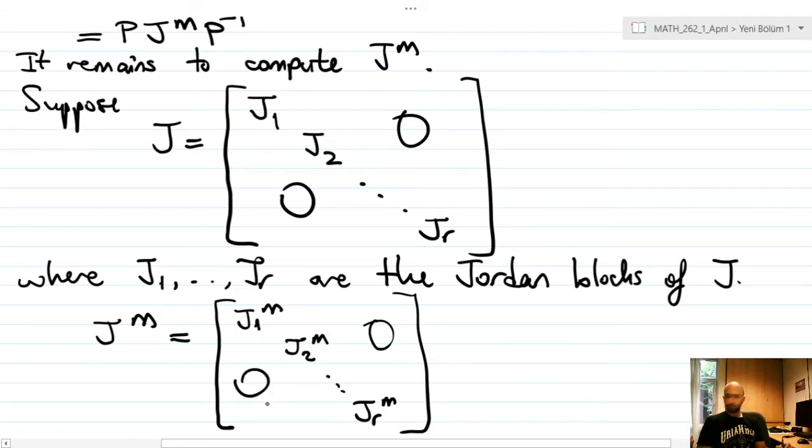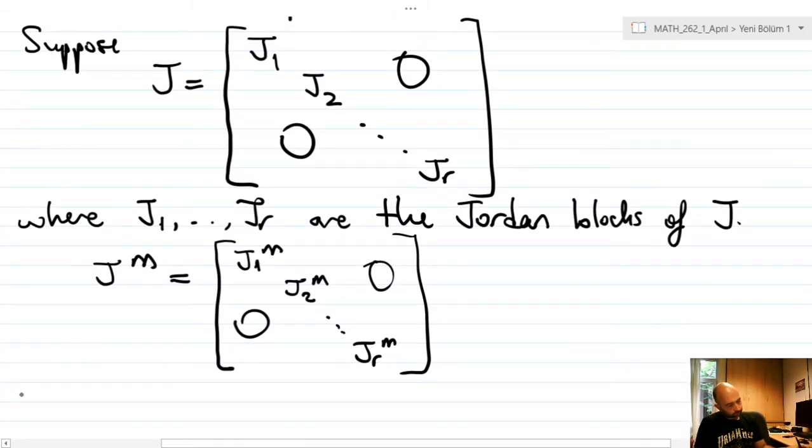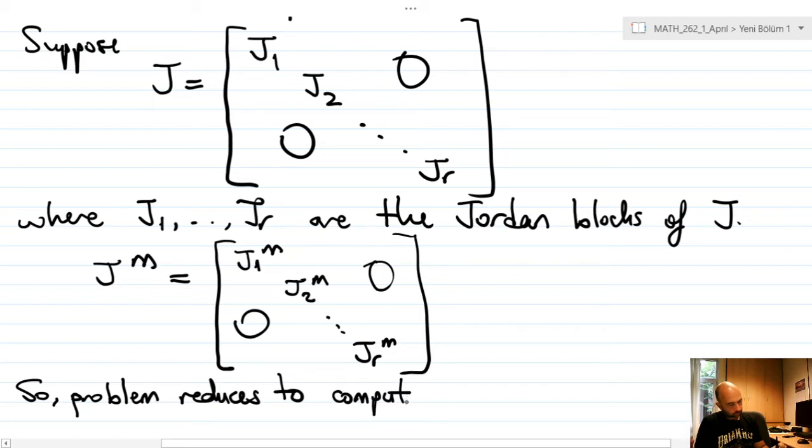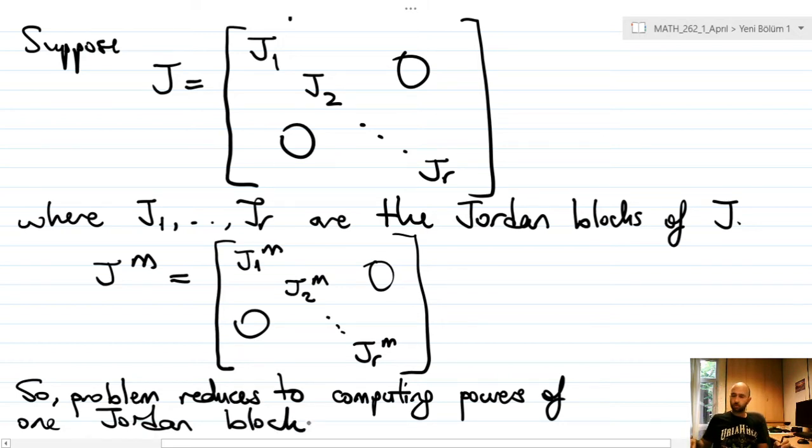Okay, so actually the problem is reduced to computing the powers of one Jordan block. And finally, let us concentrate on that and try to finish this at least theoretically.